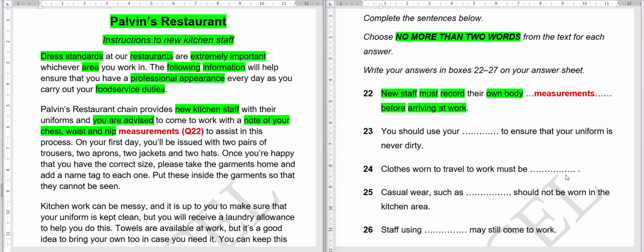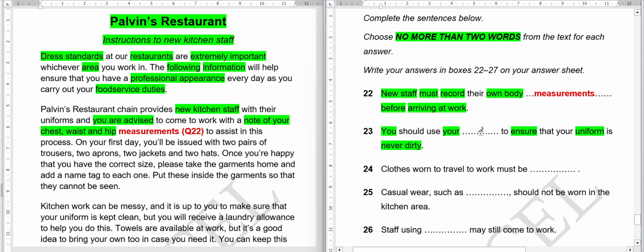You should use your something to ensure that your uniform is never dirty. Here they're saying that the kitchen staff have to use their own something to ensure the uniform is never dirty. So if the uniform is dirty, you have to wash it. Maybe you have to use your own money to ensure the uniform is never dirty.